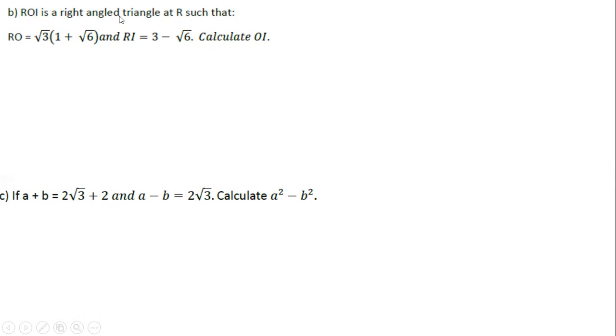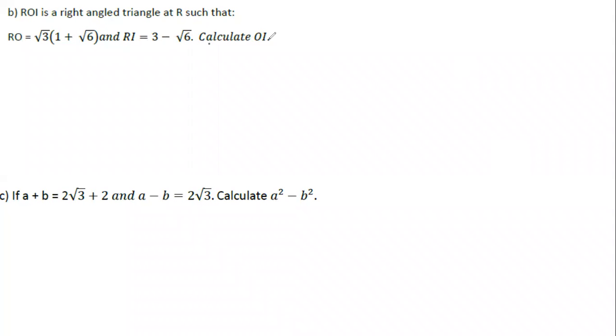ROI is a right angled triangle at R such that RO equals radical 3 into 1 plus radical 6, and RI equals 3 minus radical 6.